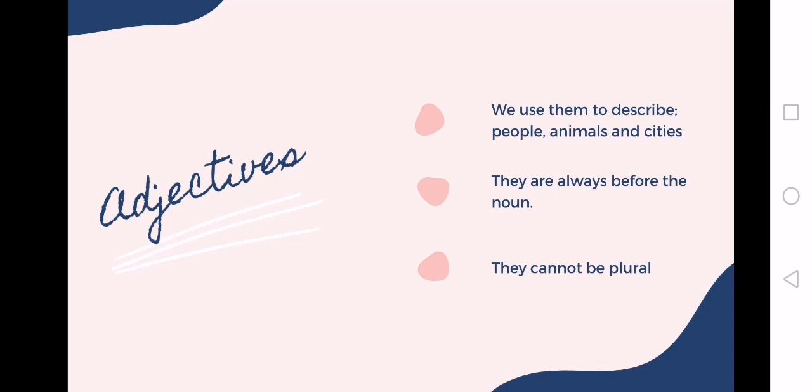For example, if you're going to talk about two girls, you say the beautiful girls. So you make the noun plural, but never the adjective, okay? Adjectives are never going to be plural.